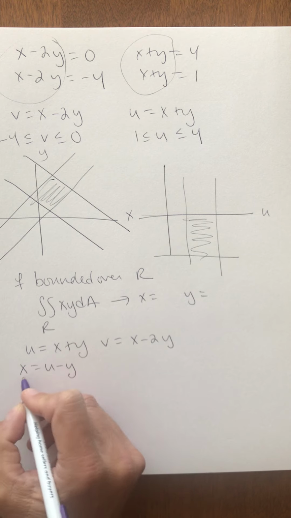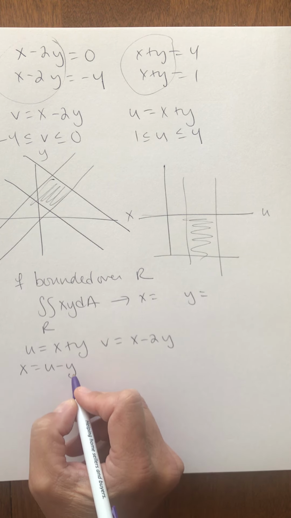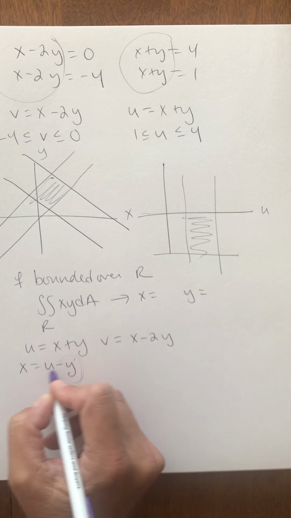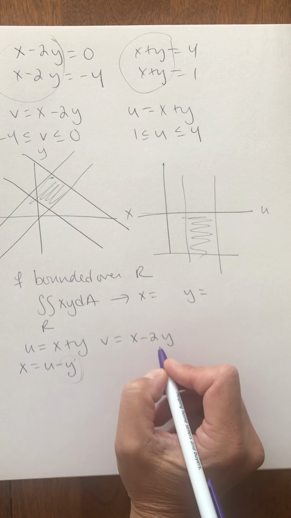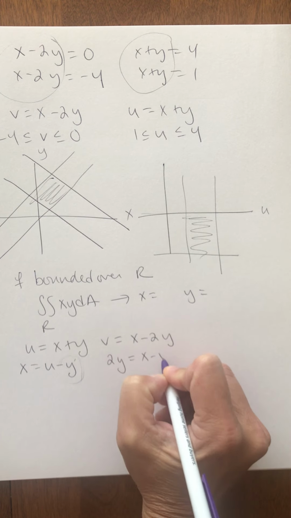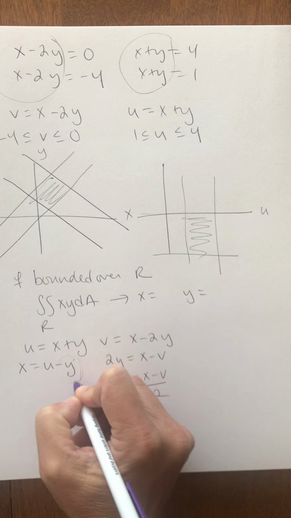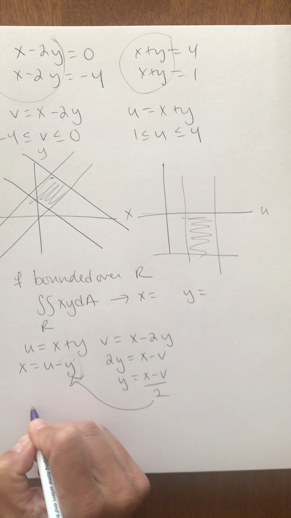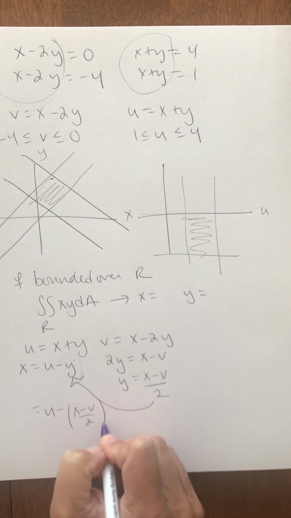So I'm going to need to define x in terms of u and v, which means I need to get y in terms of x and v, because that's the missing variable here. So if I want y in terms of x and v, 2y equals x minus v, y equals x minus v over 2. I can just stick that right in there. So x equals u minus y, which is x minus v over 2.